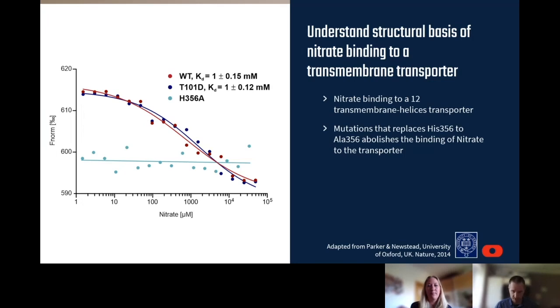You see that if you induce, for example, the point mutation in light blue, the binding gets completely abolished. And just think about when you have a really big membrane protein and a small atom binding in the pocket, that this is very hard to analyze and it's very hard to obtain any binding affinities. Our methods, however, are sensitive enough to also decipher things like that.